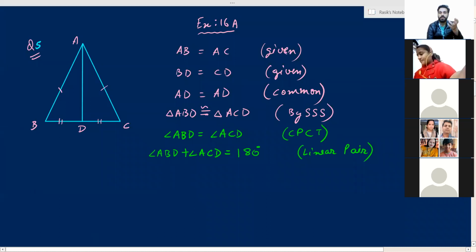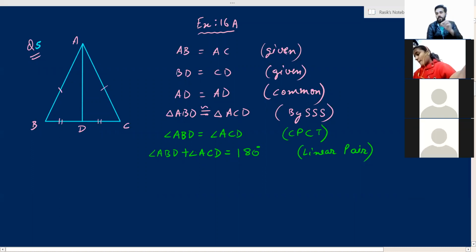So what will be the value of each angle? Both are equal and both sum to 180. Tell me, it is such a simple thing. Use a little common sense.